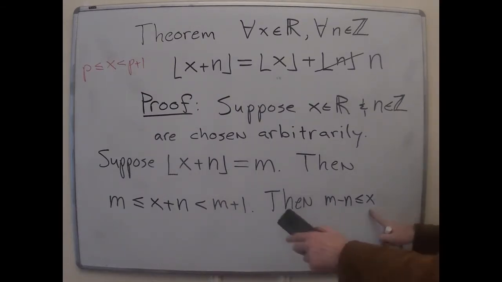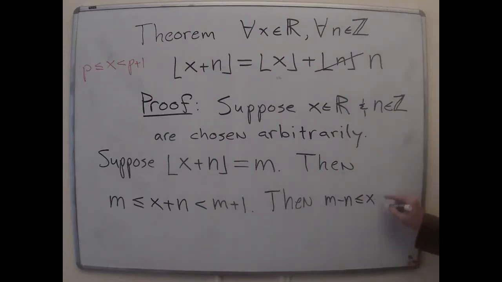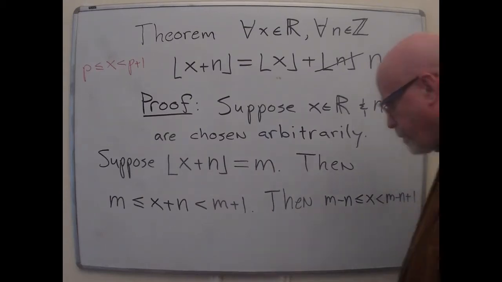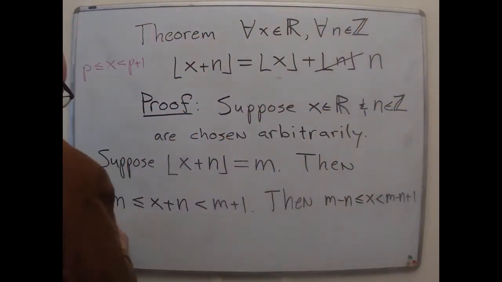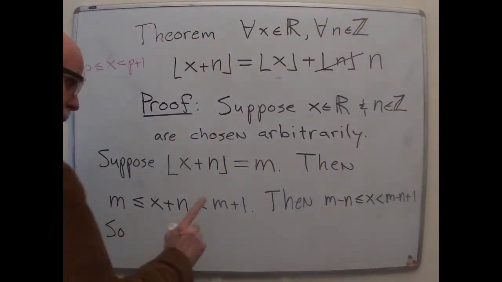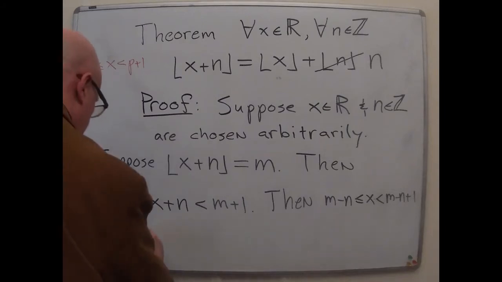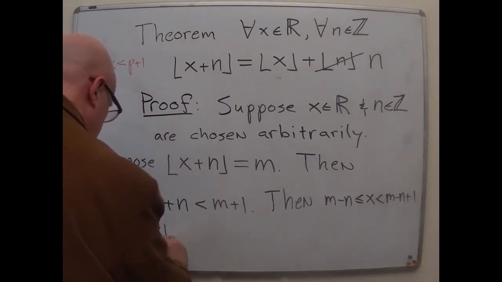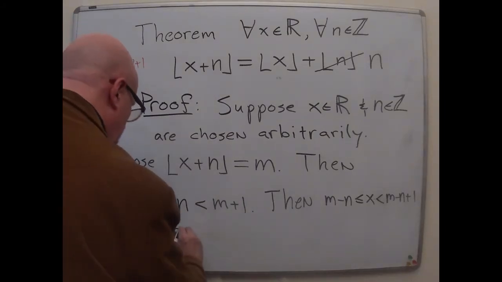The operation we were doing was subtracting n from each part, so x should end up all by itself in the middle here. And then m minus n plus 1. Yeah. Cool. So by the definition then, the floor of x is equal to m minus n.